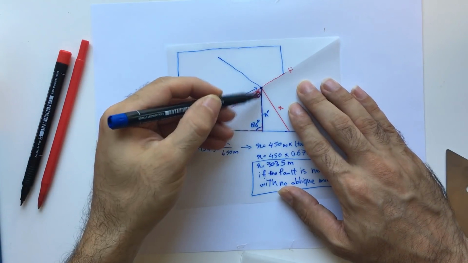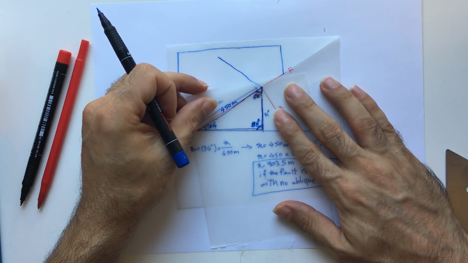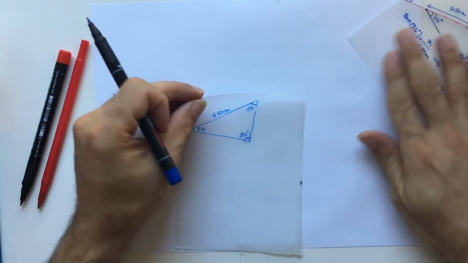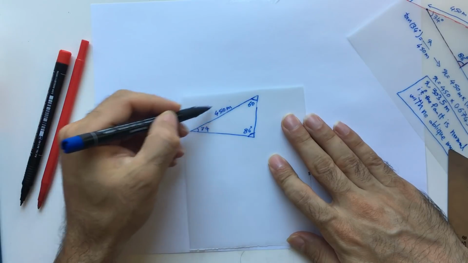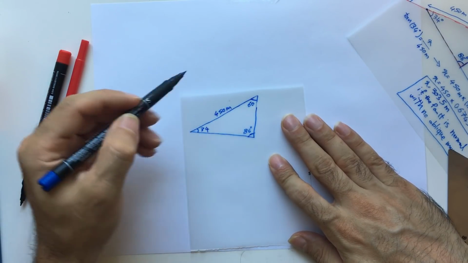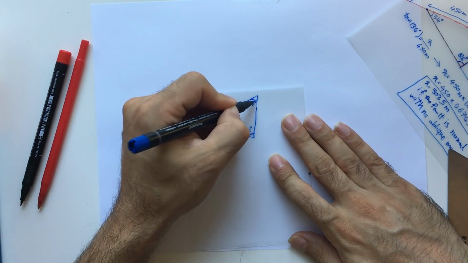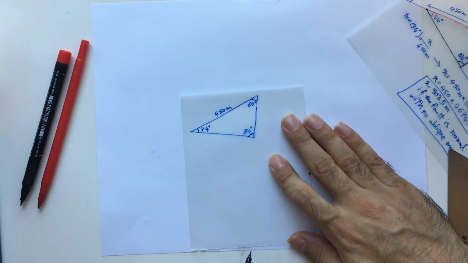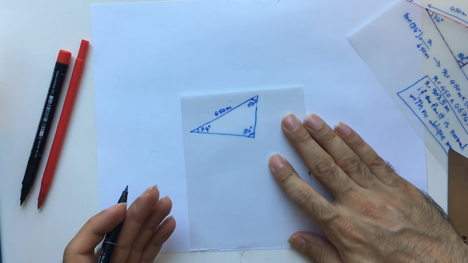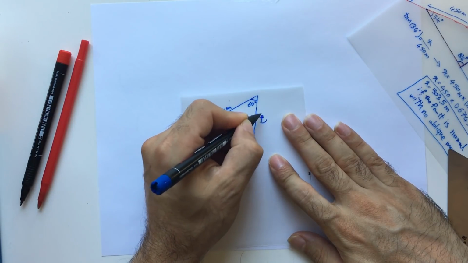Now I have this triangle. Here this side is 450 meters, and the angles are known: 34 degrees, 60 degrees, and 86 degrees. So you cannot use the tangent like the one we used before. This time I'm interested in this side.